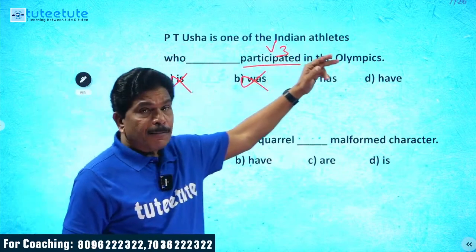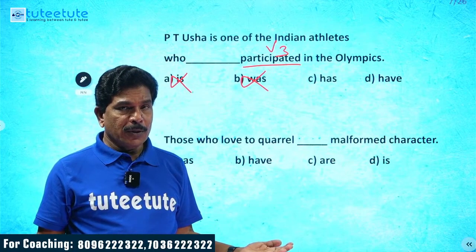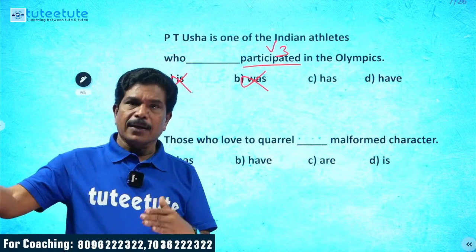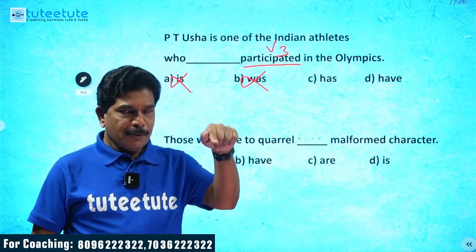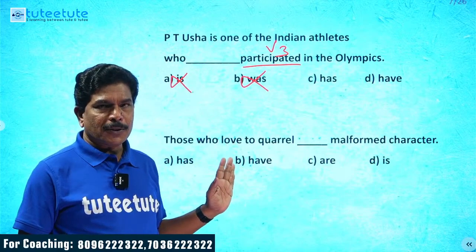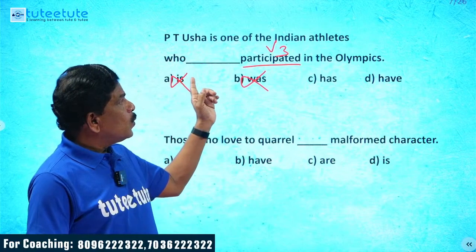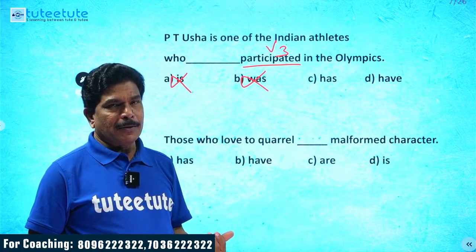P.T. Usha is one of the Indian athletes. We don't have any doubt about that. We have many Indian athletes. P.T. Usha is one of them, no doubt. But the second part says what? Who participated in the Olympics, has participated or have participated.